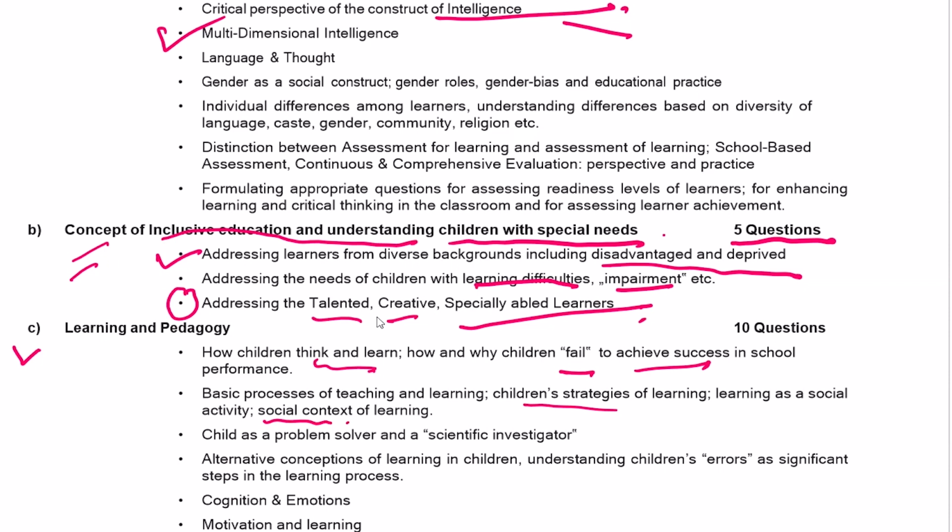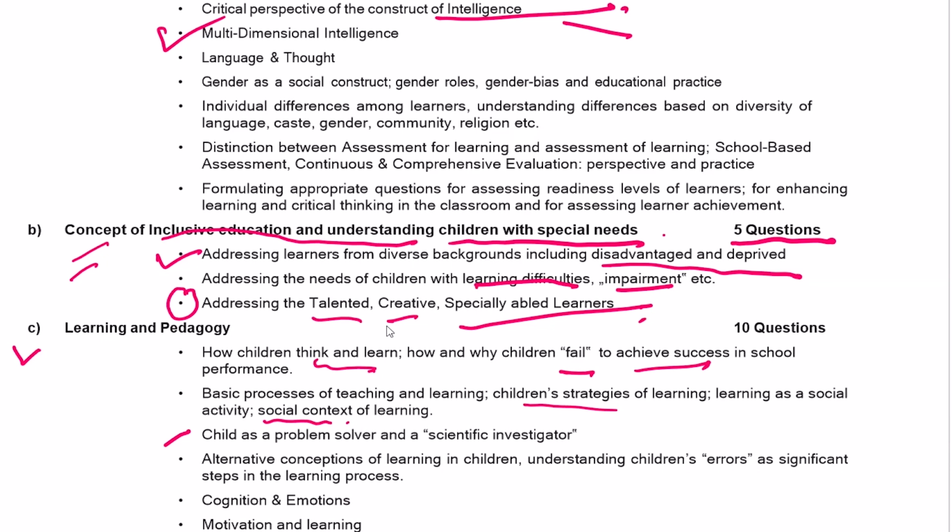Now, child as a problem solver, and a scientific investigator. This is a very important and interesting topic. Whenever a child studies something, we have to think of the child as a problem solver, and we have to instill in him the scientific temperament.